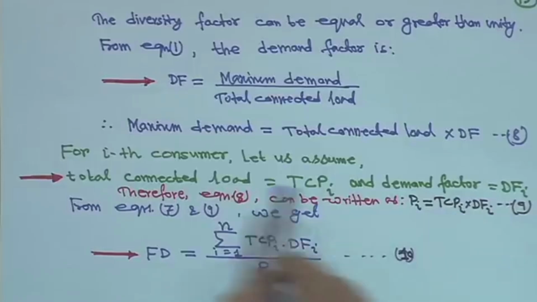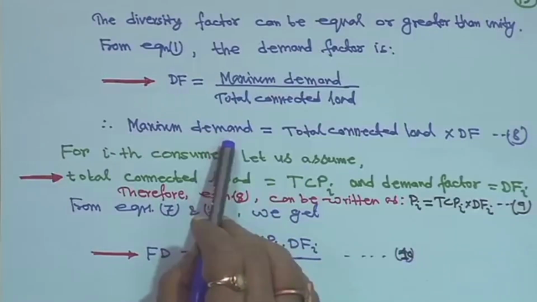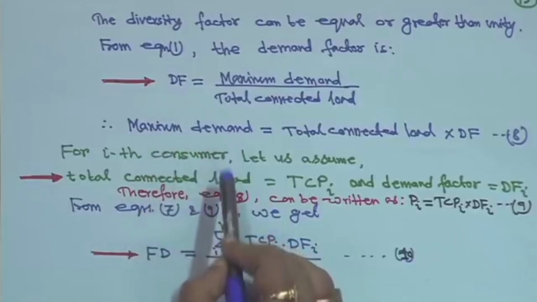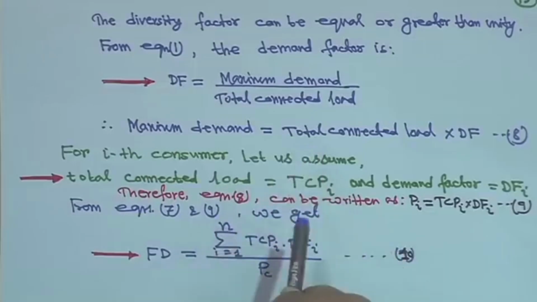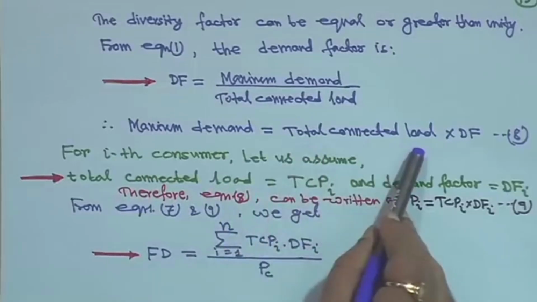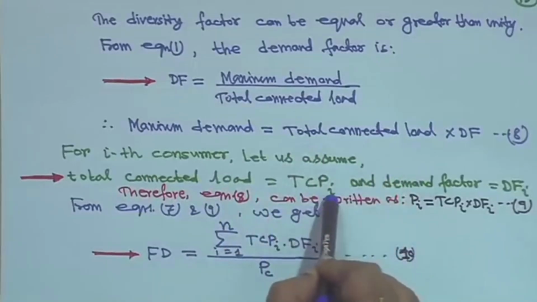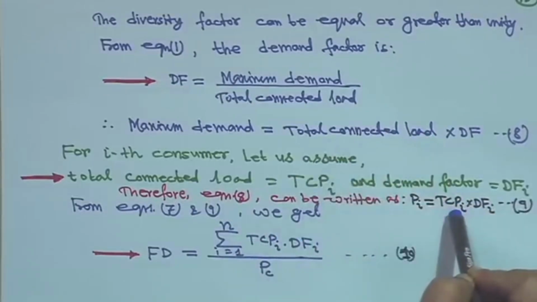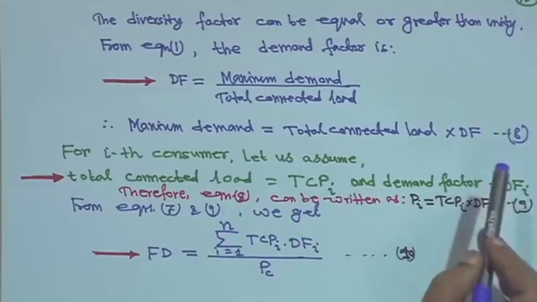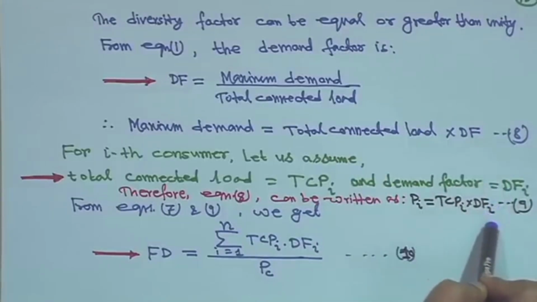This is equation 9. So, the maximum demand was P1, P2, P3, as I was telling just now. For the ith consumer it is Pi, and the total connected load for the ith consumer we define as TCPi.